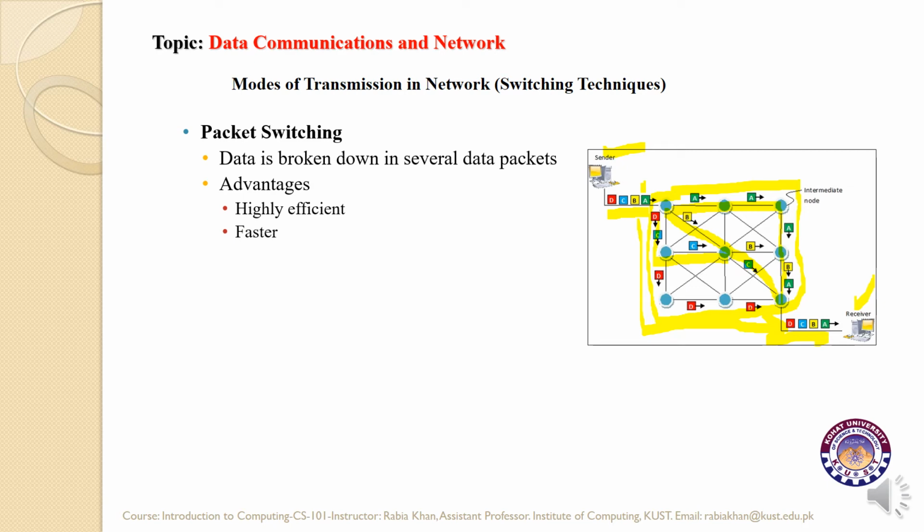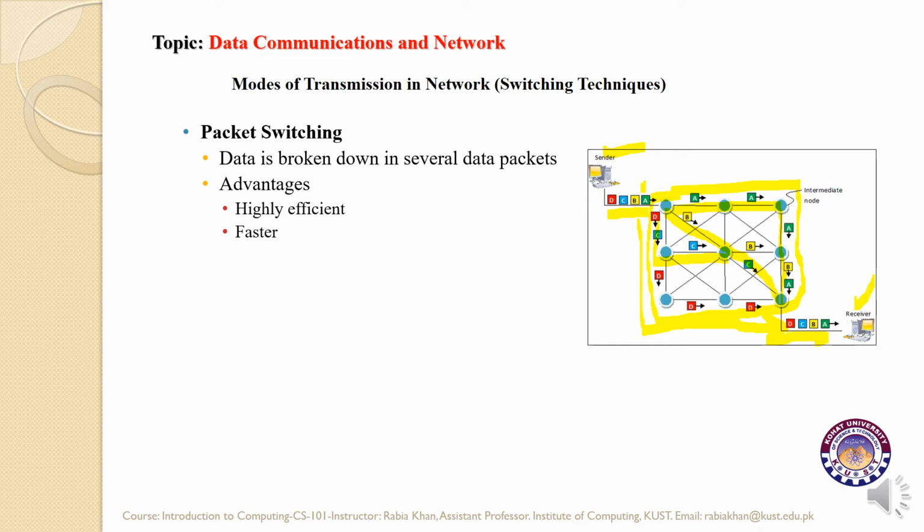It is faster as compared to circuit switching. Why? Because circuit switching takes a lot of time in establishing the circuit, while this technique is even more efficient than message switching. Why? Because in message switching you need to have the storage capability, and the storage may take long if the other node is not ready to receive the message.